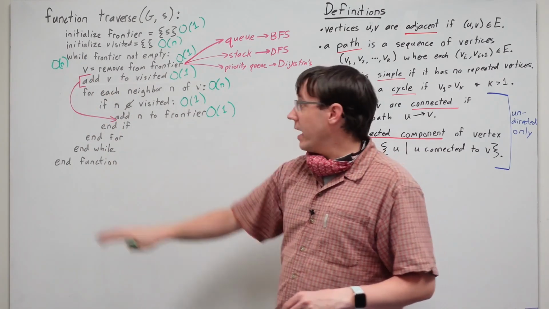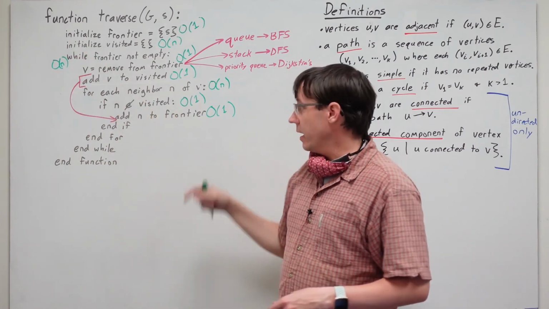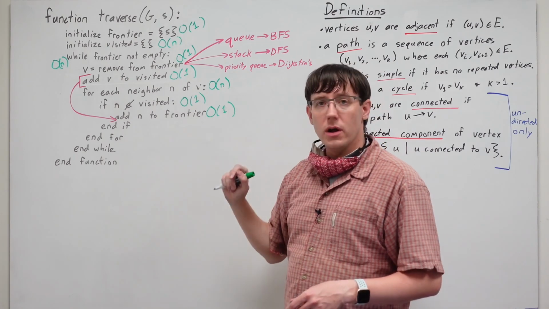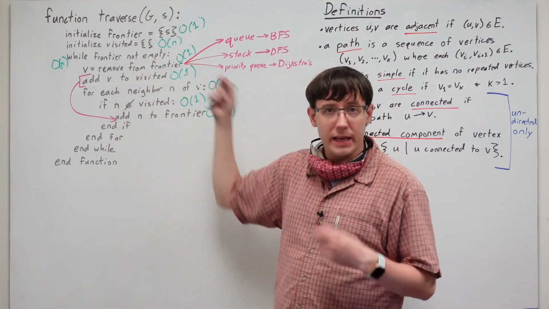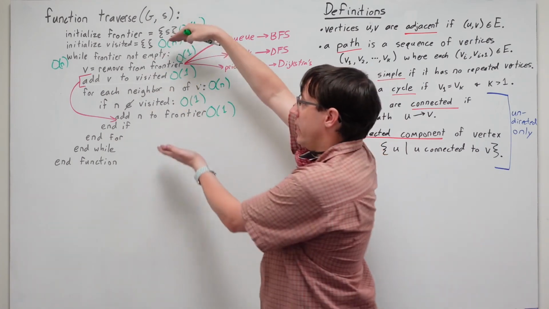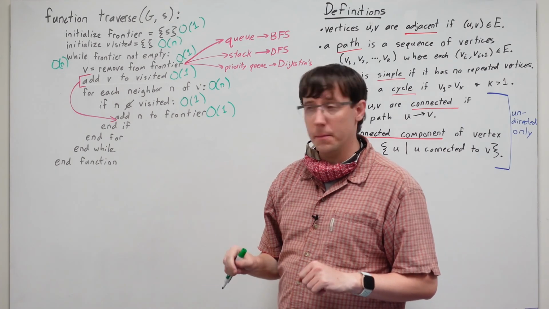So we would also have big O of n iterations of the outer loop, and if our inner loop runs big O of n times for each of big O of n iterations of the outer loop, then overall our while loop would take big O of n squared.